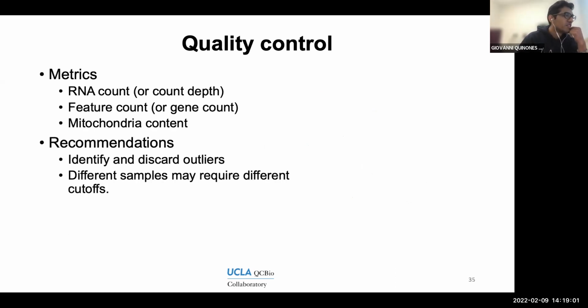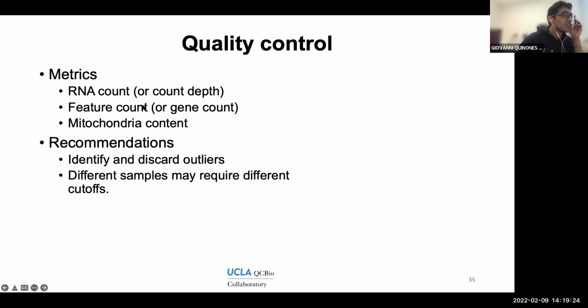So just to reiterate, the metrics that we're going to be looking at for quality control are RNA count. We're looking at whether we have enough RNA molecules for every cell in the first place. Feature count, which is the number of genes.